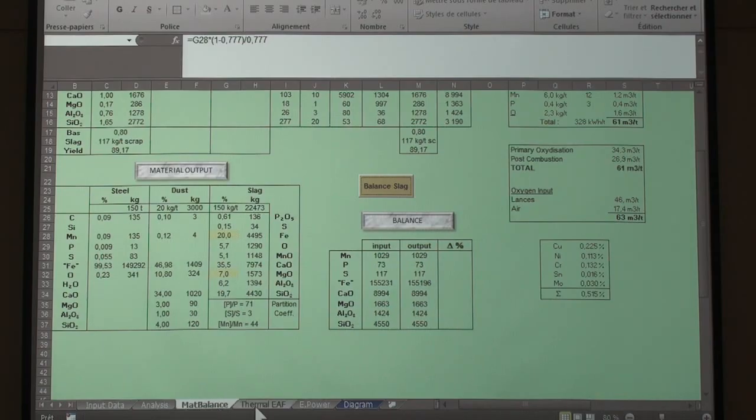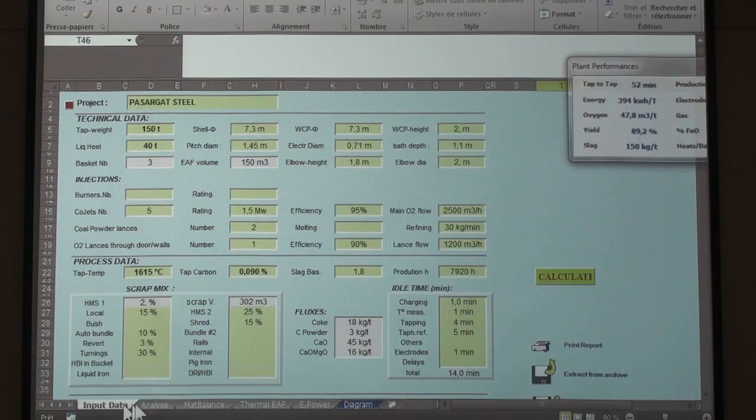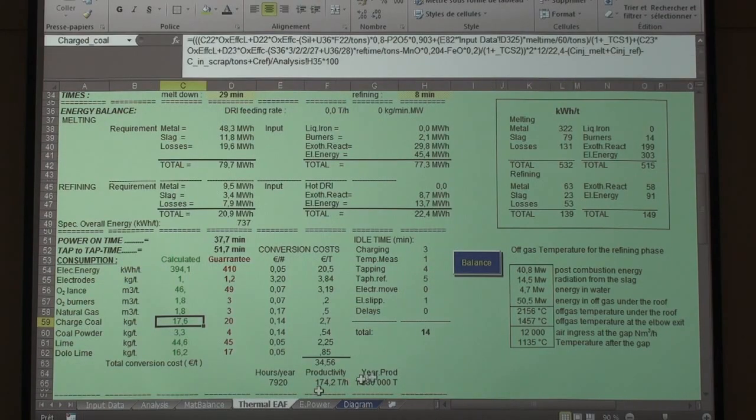Then you see that the carbon has been adjusted here. It was 12, has been increased to 18. This is stupid figures, don't stick on it, but it's just to show that the program is adapting the carbon amount. So this is the philosophy.